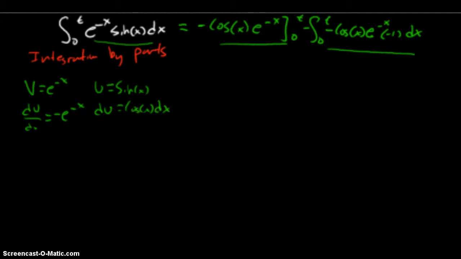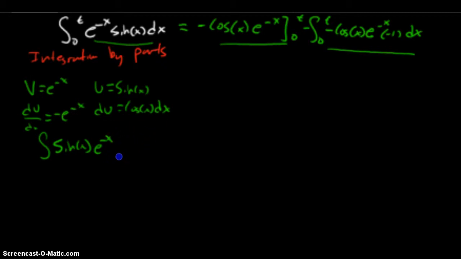So subbing this back into the integration by parts formula, we get the integral of uv minus the integral of u dv, and that will give us sine x e to the minus x minus e to the minus x.